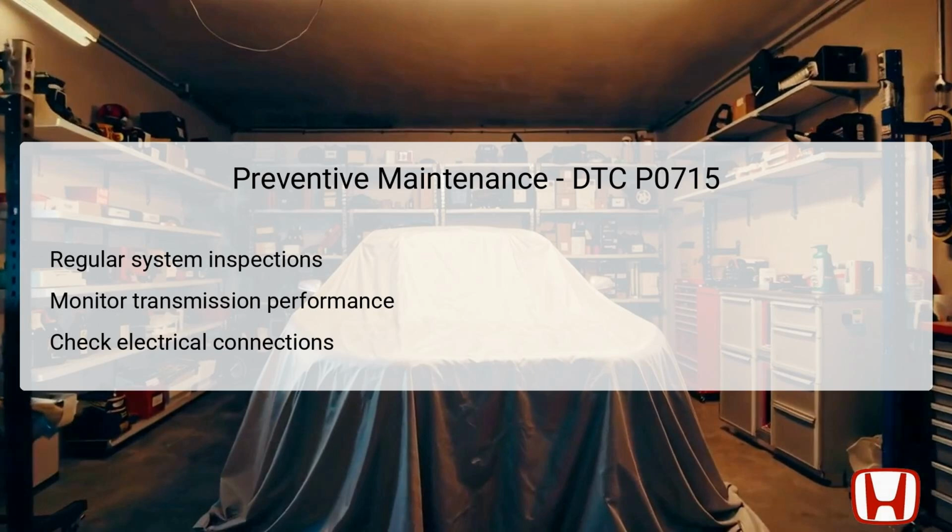It's important to monitor the vehicle's transmission performance regularly, noting any unusual shifts or changes in operation, which could indicate sensor problems. Additionally, periodic checks on electrical connections and wiring can prevent shorts or opens in the circuit. Implementing these preventive measures can reduce the occurrence of DTC P0715 and improve overall vehicle reliability.